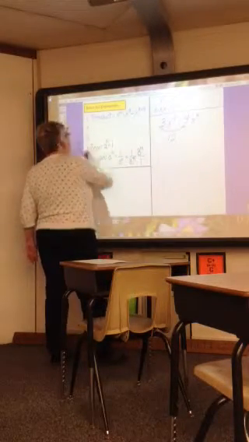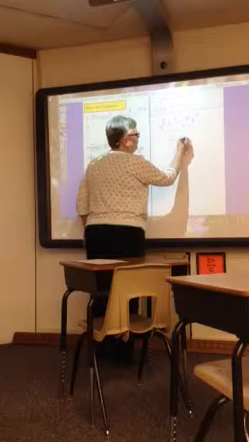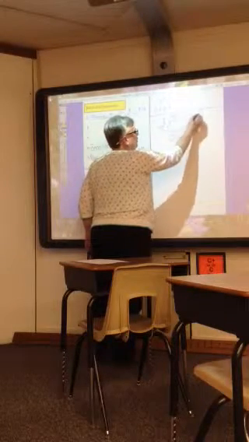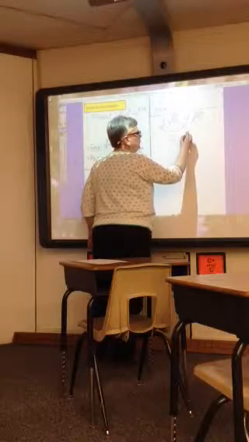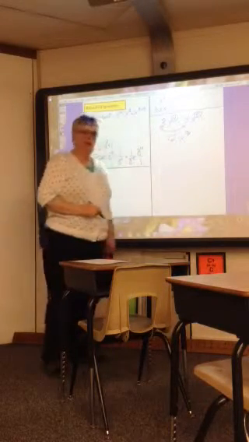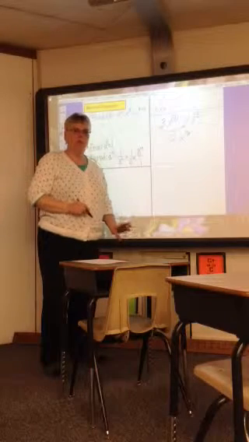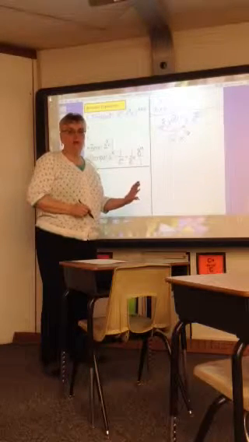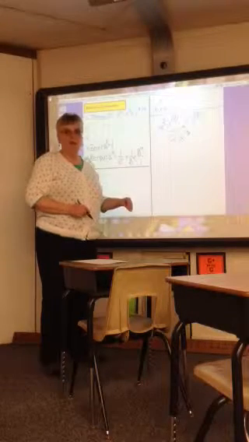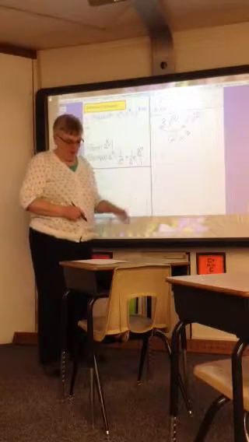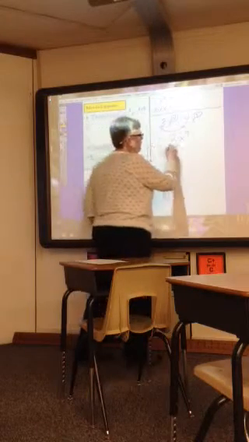And then you would deal with the x's. And since the bases are the same, notice they're both x, I add those two, and my final answer is x to the 9th. So when you use the product rule, the coefficients are handled like normal. The bases are the same, you just add the powers.